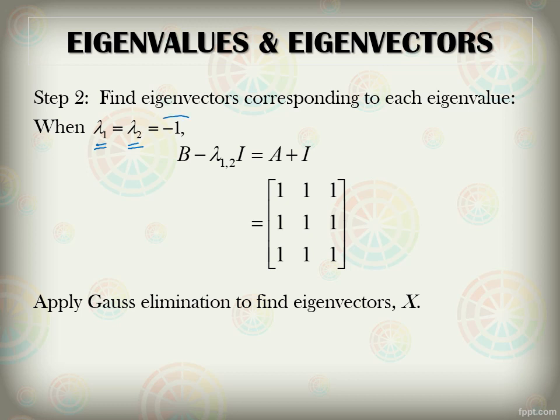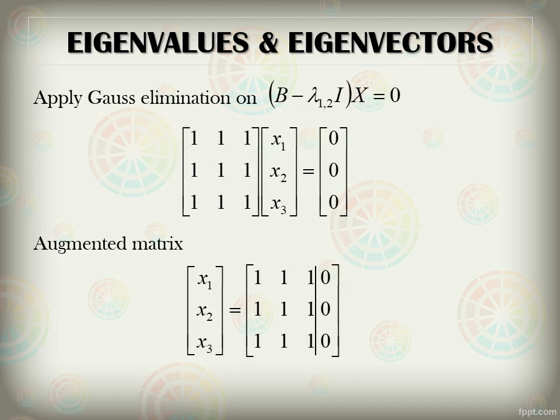Alright, so when we substitute lambda 1 into the diagonal part of the matrix B minus lambda I, this is the matrix that you have. Now you need to rewrite this in the augmented form to reduce it to REF form.